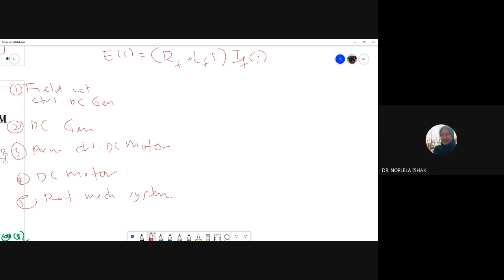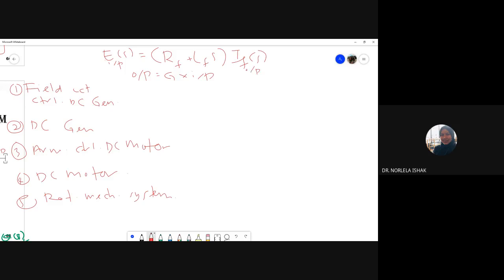Yes, correct. From here we directly draw the block diagram. But before that, we have to identify that our equation is based on output equals gain multiplied by input. If voltage is our input, then current is our output.